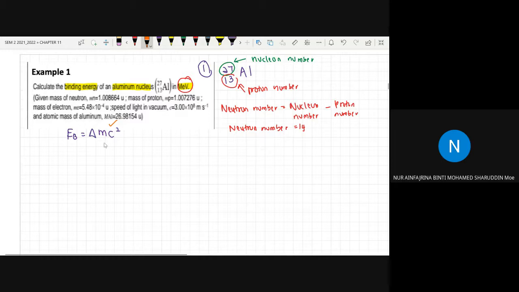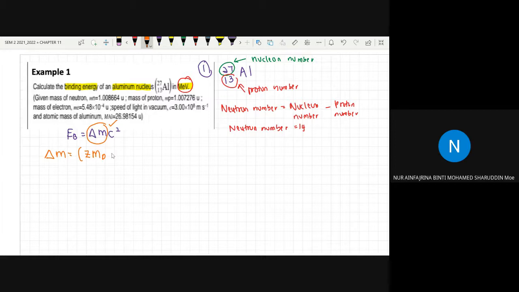How do we find our mass defect? What is the formula for mass defect? Number of protons times mass of proton plus number of neutrons times mass of neutron, minus the mass of nucleus.